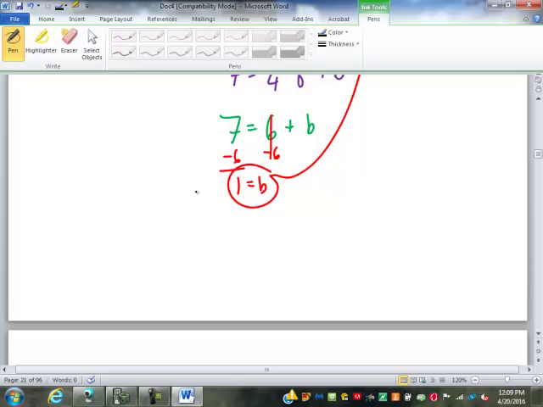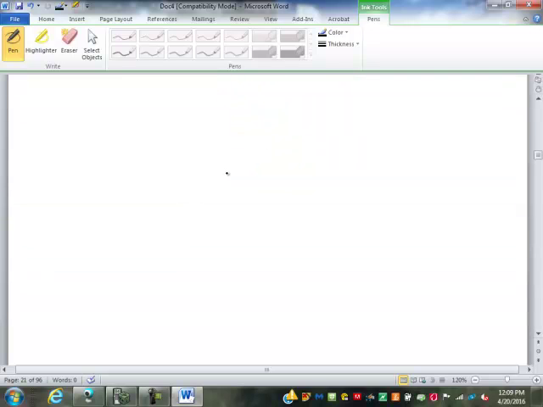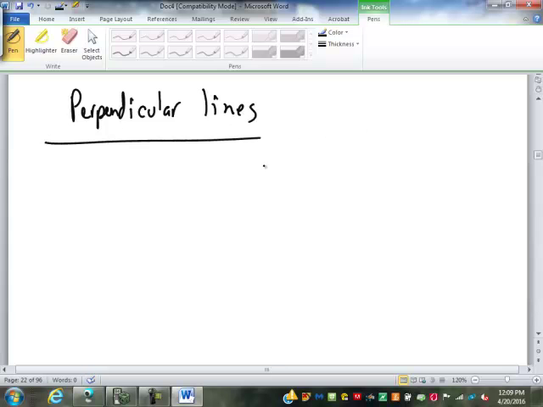Okay. Well, I want to take some time to also look at perpendicular. So, perpendicular lines of course form a right angle with each other. If we're looking at right triangles, now let's just put a line on here.